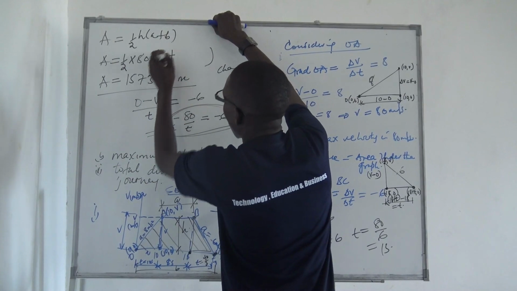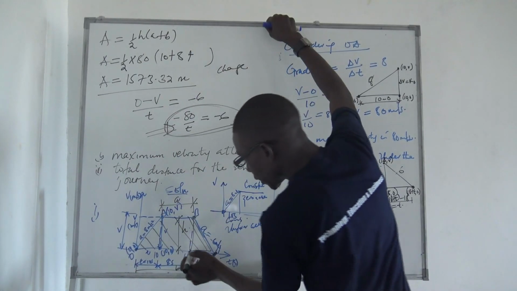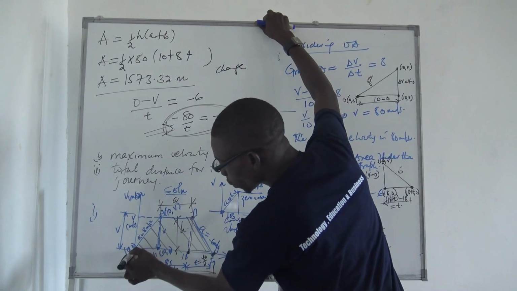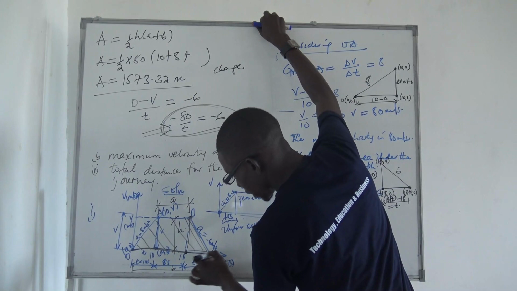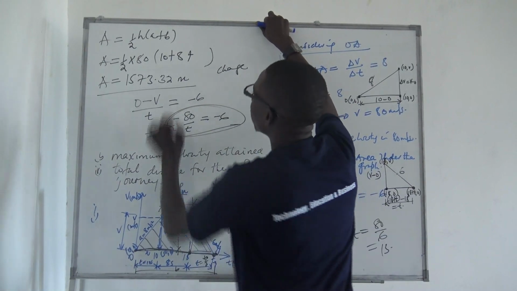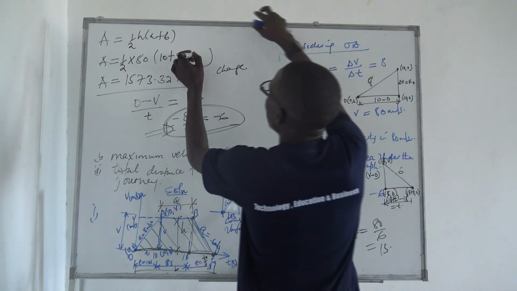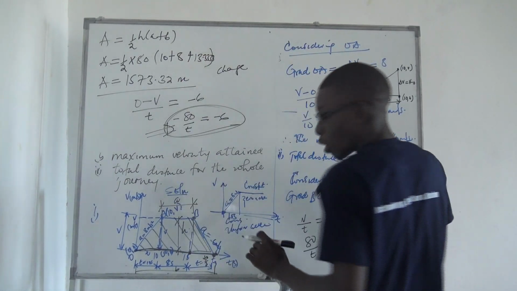So the base here was supposed to be 10 plus 8, and then plus this one here. We are supposed to get this as our b. This plus this plus this, which is 10 plus 8 plus the T. And the T was 13.333.